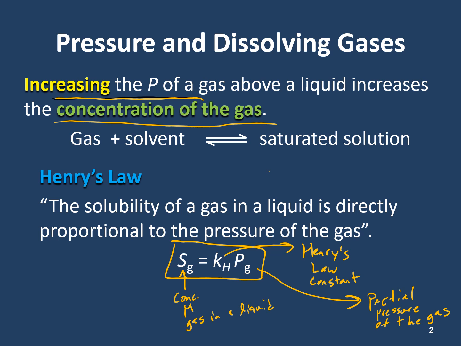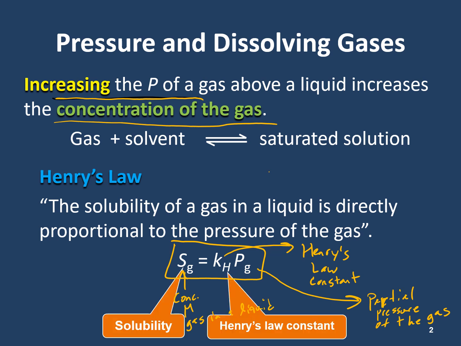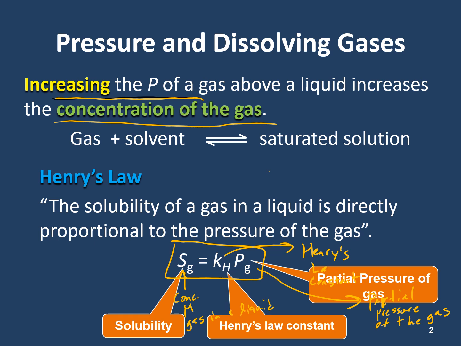So this isn't the total pressure. That's really important. It's the partial pressure. So let's do a problem like this. So again, solubility, Henry's law constant, and partial pressure of our gas.